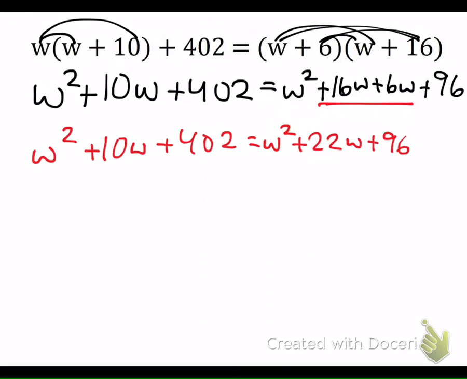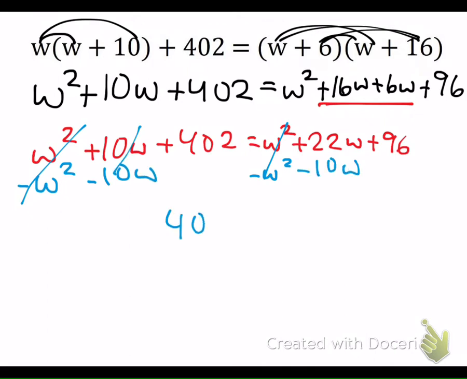All right. Then what? I'm going to subtract the W squareds first so I can just cross those out. At the same time, we can get those W's together, so minus 10W from both sides. Those are gone.